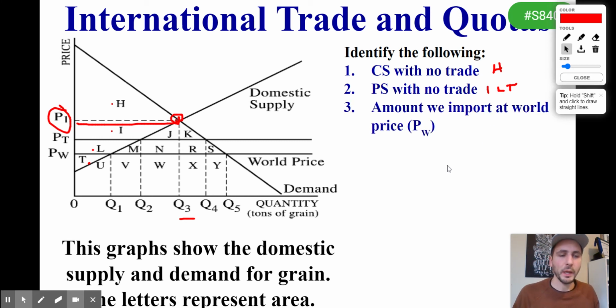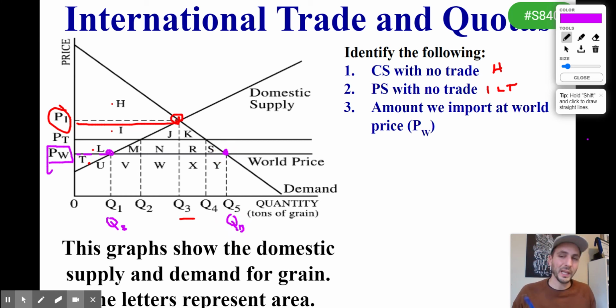Next one, amount we import at a world price of PW. If PW is now my functional price, then I dash over this first intersection. That's my supply curve. So this is going to be QS. I keep going. The second intersection is at my demand curve. So that's going to be my QD.